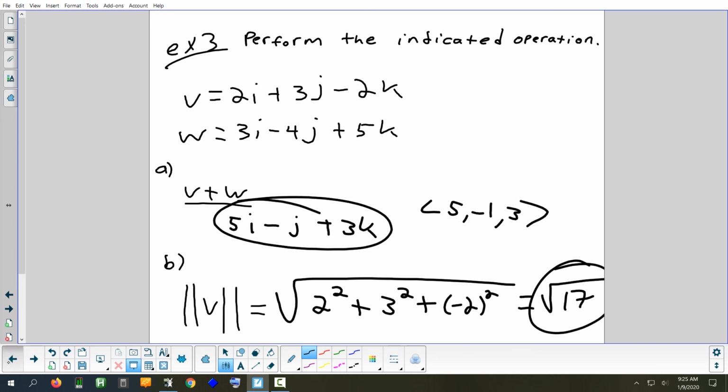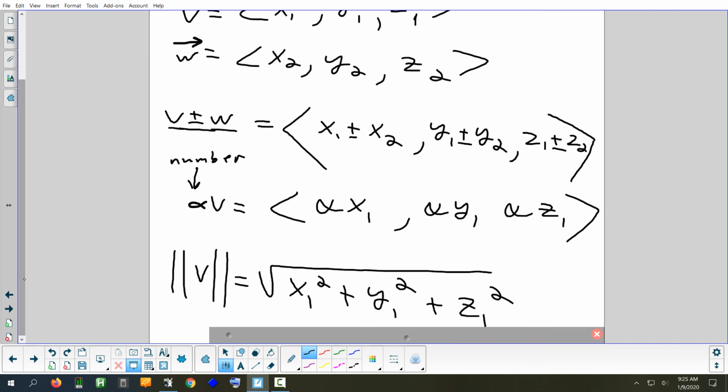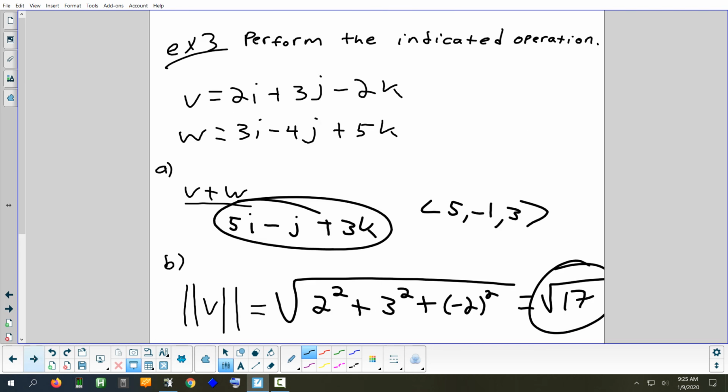Remember, when you want to scale it, you're just scaling each part individually. Multiply the x component by your scalar, the y, and then the z. In our case, our scalar is 3, so we're going to be tripling each component in vector w.